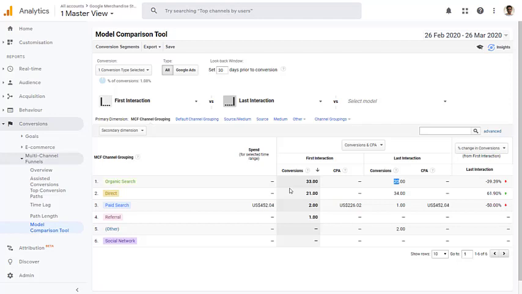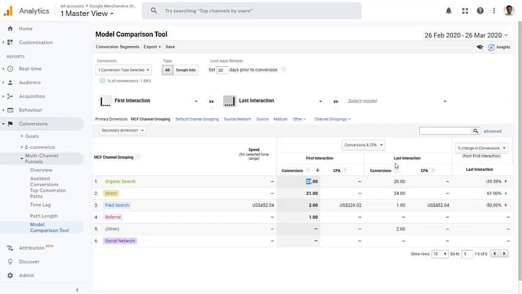So why is this report important for me? I know that for last interaction, direct is the major channel, followed by organic, and the highest number of conversions happen when a user first visits via organic search and then through some other channel. That means SEO has a very important role to play.